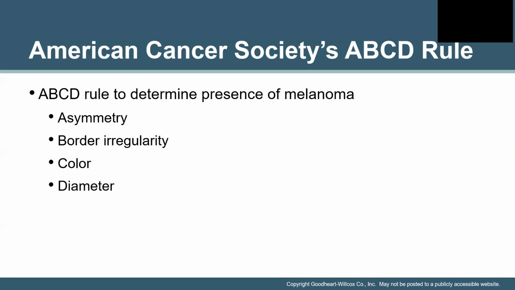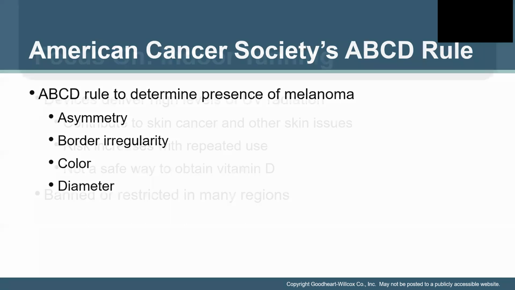So here is the ABCD rule to determine the presence of a melanoma. You want to watch for asymmetry, border irregularity, and the color of it. Even the darkness of the mole or whatever you're watching, look around it. If it has edges outside of the dark melanin patch, if it's red there, you might want to get it checked, and watch its diameter and how it grows.